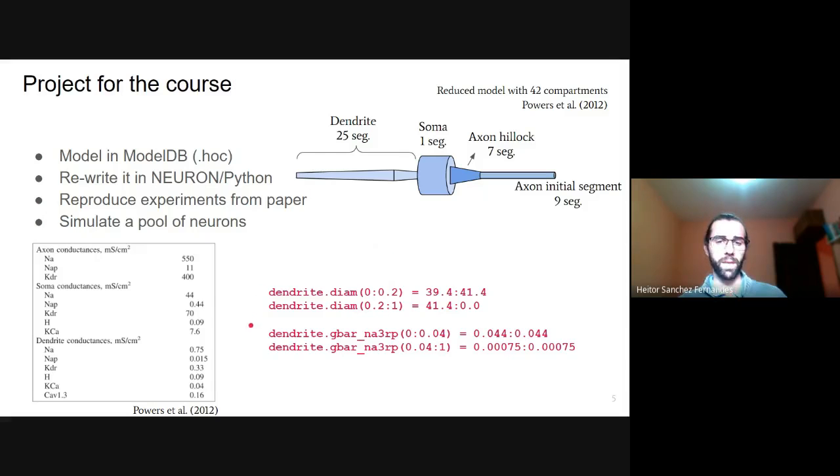This happens in this model for several conductances, mainly in the dendrite. This was a challenge for me in this course, and I had a lot of help from Joe and Robert as well. And we could do that.